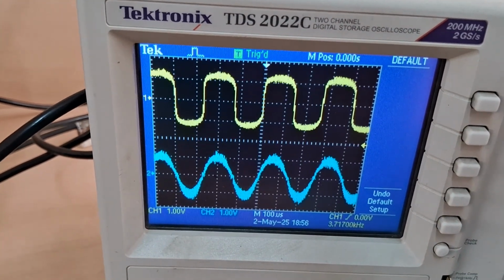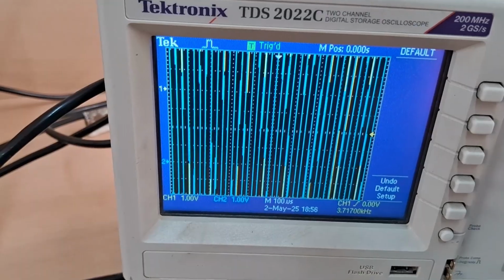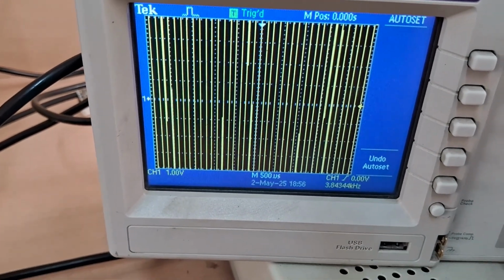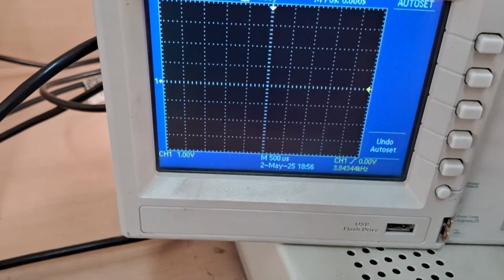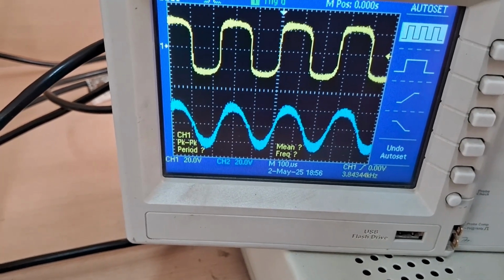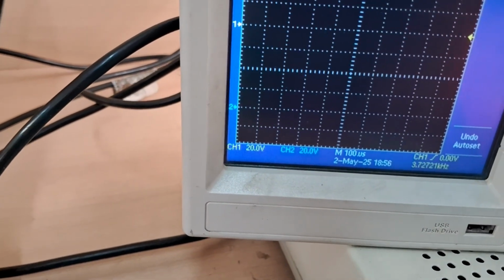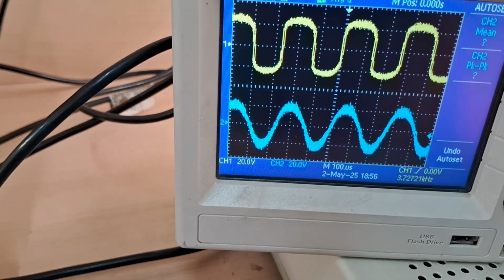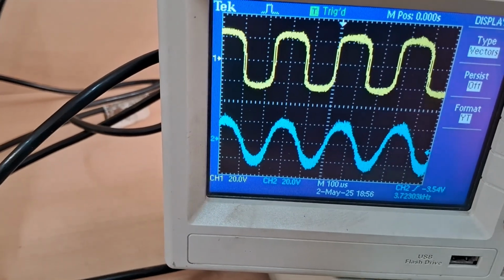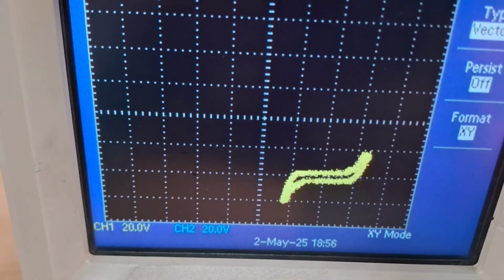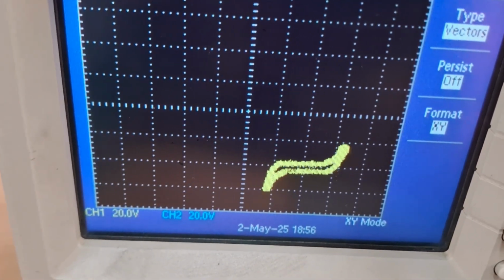Sorry, auto set. Then go to display and then press XY mode, correct. So this is the expander, that is the characteristics.